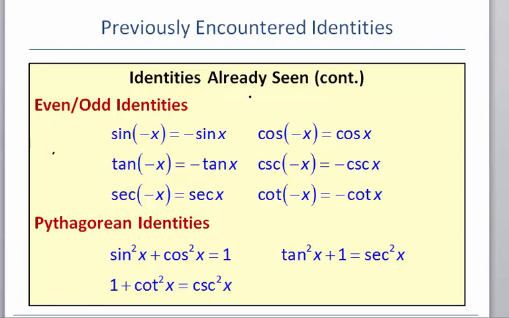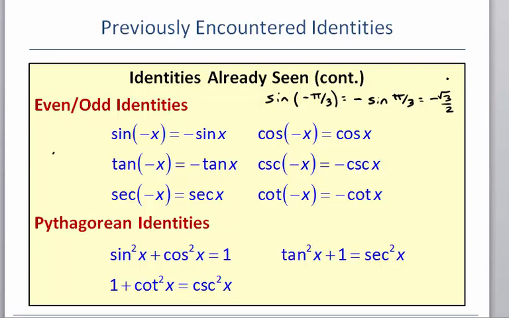For example, if we have sine of negative pi over 3, because sine is an odd function, we are allowed to take this negative and pull it to the front and evaluate sine at pi over 3. And so we know that sine at pi over 3 is square root of 3 over 2. And then we have this negative that sits out in the front. And so that is the relationship for odd functions.